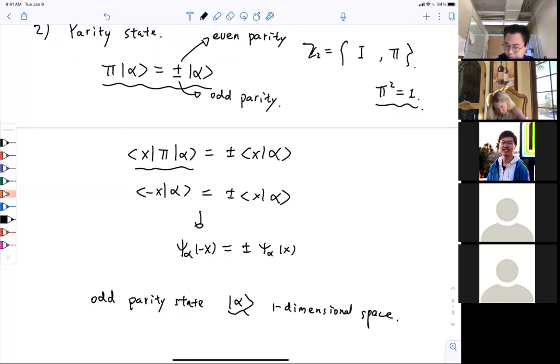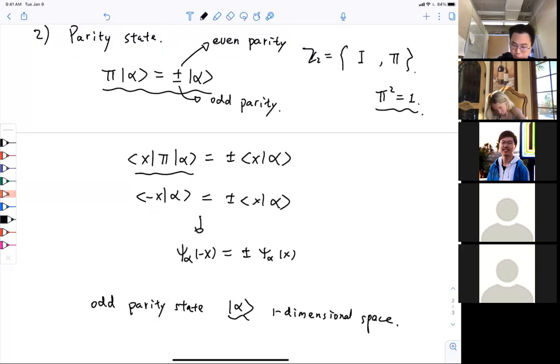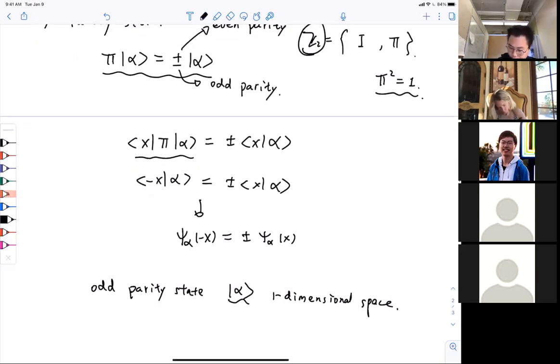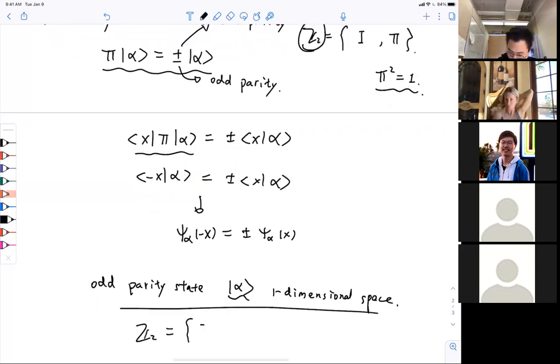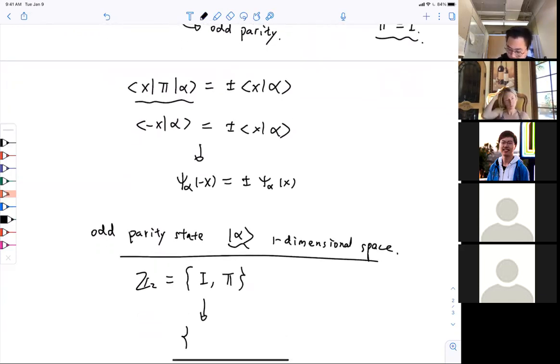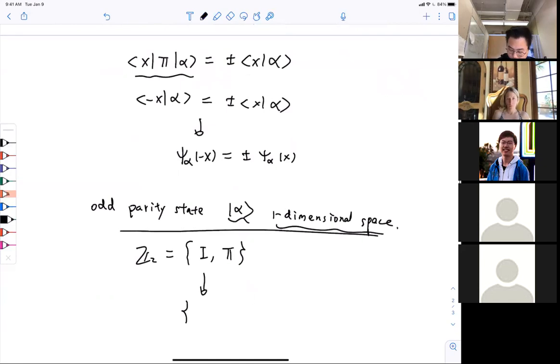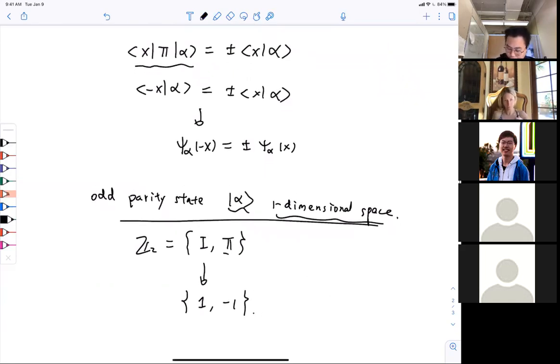This space is a representation space for this parity operation, this Z2 group, and it's a non-trivial representation, because in this space your Z2 elements, identity and pi, are represented using numbers, since it's one-dimensional. So every element is a one by one matrix, and a one by one matrix is nothing but a number. So identity is one, and pi becomes minus one, right? Because pi acting on this state gives us a minus.